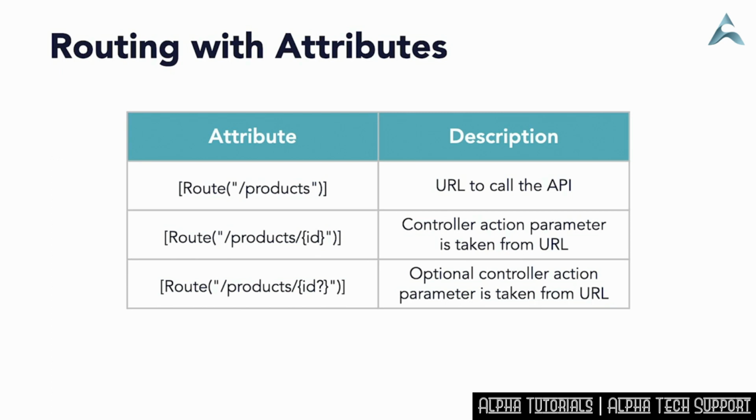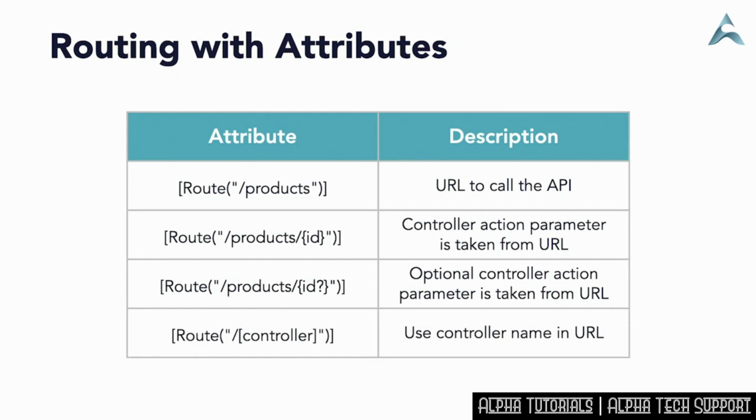There are other specific types of placeholders possible as well. Here you see one example. If we have square brackets, then that's a specific placeholder, and [controller] is the most common one, and that's already used in the template, and it means the name of the controller. That's not the name of the class, it's the name of the controller, which is the class name minus Controller. Let's have a look.